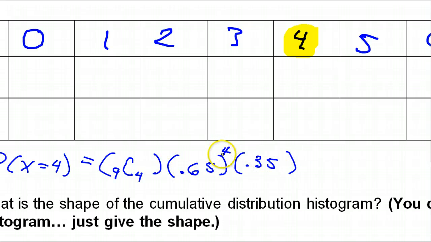Now, we have the number of successes. Now the probability of failure is going to get the number of failures. On the number of failures, look, the total is 9. So if we have 4 successes, how many failures must there be? There must be 5. These two have to add up to 9.